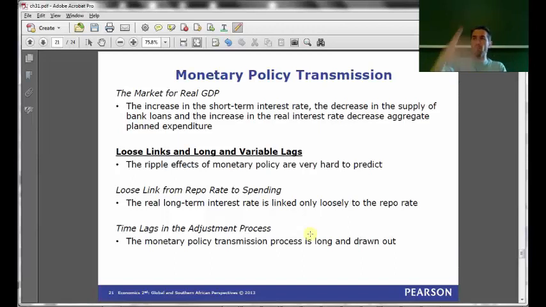You start seeing them a bit more in 12 months, but the full effect is 18 months. So the Reserve Bank wants to target inflation. What it really has to target is inflation in 18 months' time. That's why communication is so important. And I don't think the South African Reserve Bank is very good at it, but that's my personal opinion.